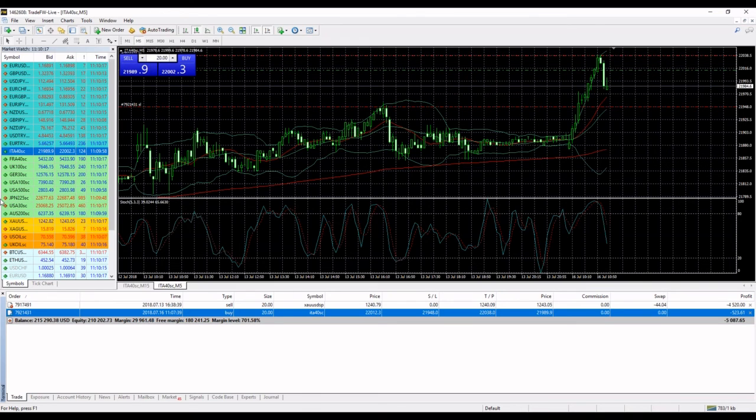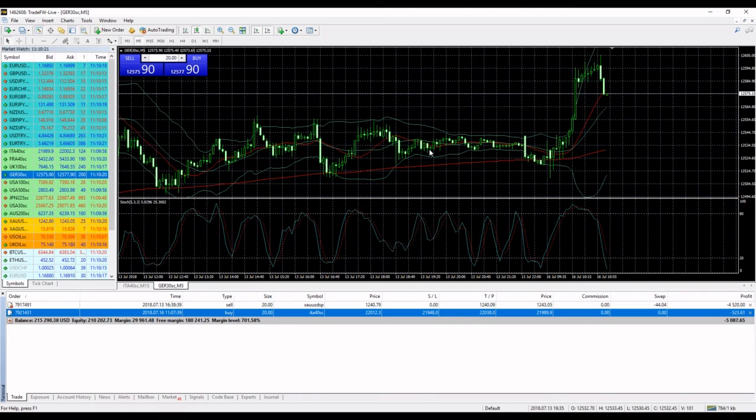Let's see. Also, DAX opened the same way. As you can see, we had a huge uptrend, and then it started to drop. And I'm thinking right now to enter also a DAX position.